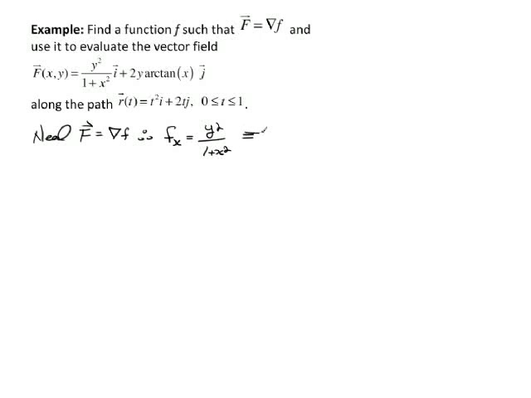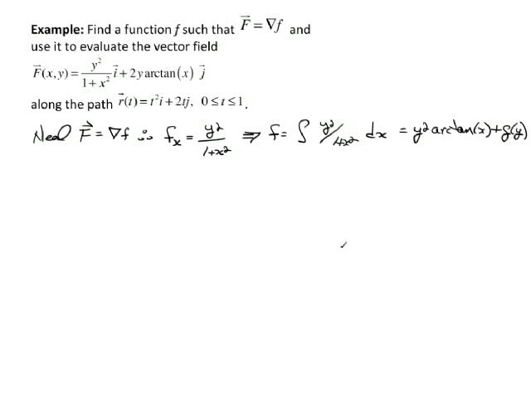That tells me that f must be equal to the integral of y squared over 1 plus x squared dx. When I take the integral, what I get is y squared arctan of x plus g of y.